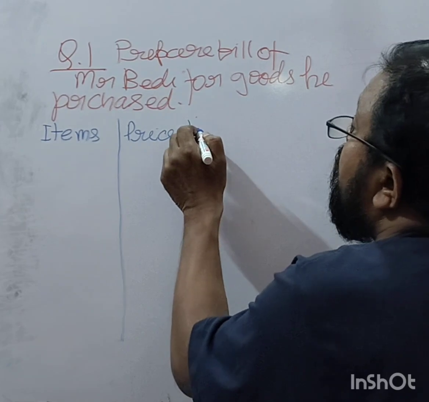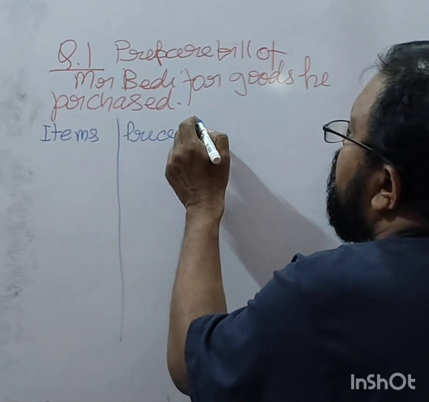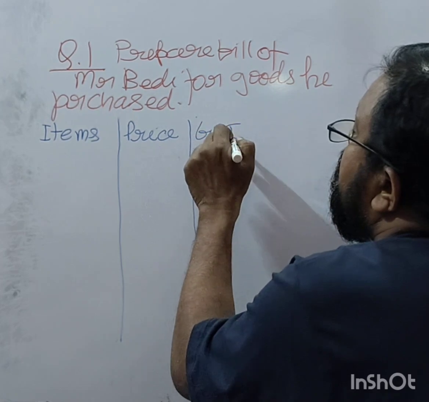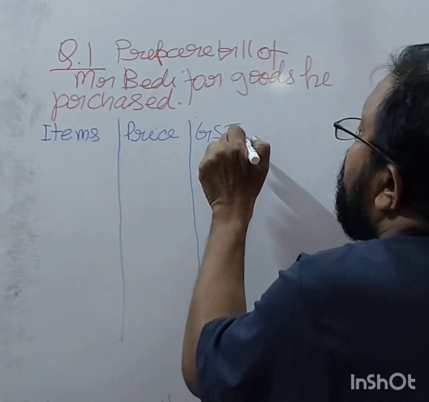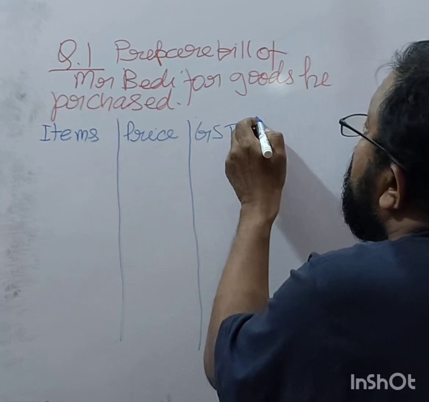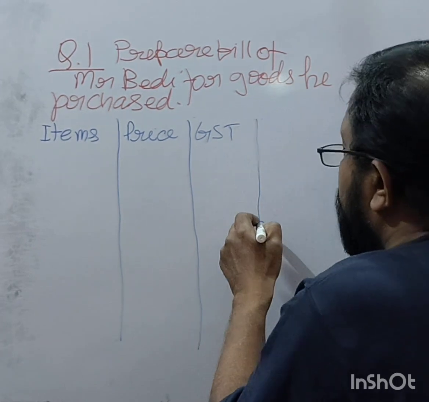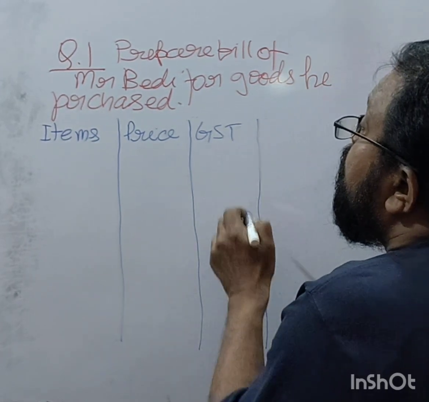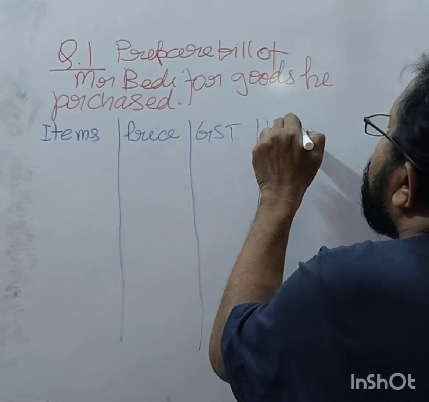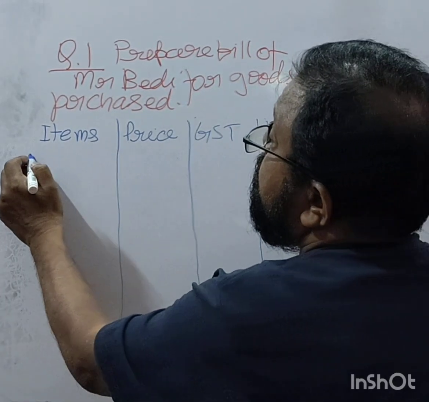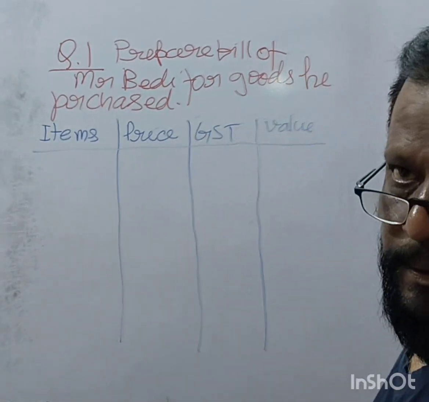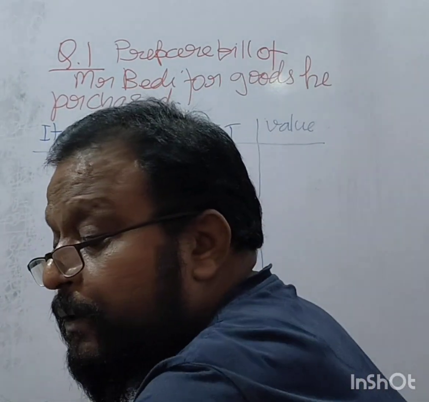Then we go for GST, and then value. This is what we have.